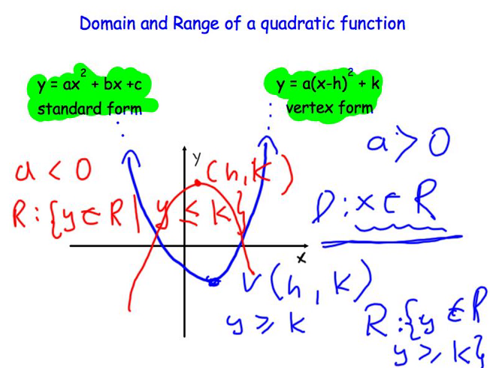However, the range has its limitation, and this is connected to the location of the vertex. You either have all values that are greater than the value of the vertex or less than the value of the vertex.